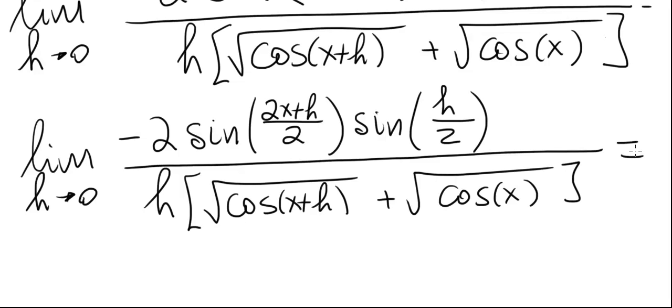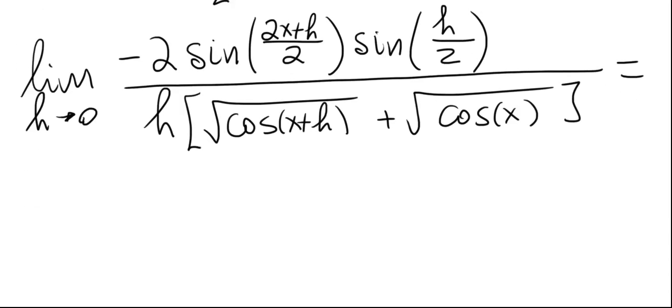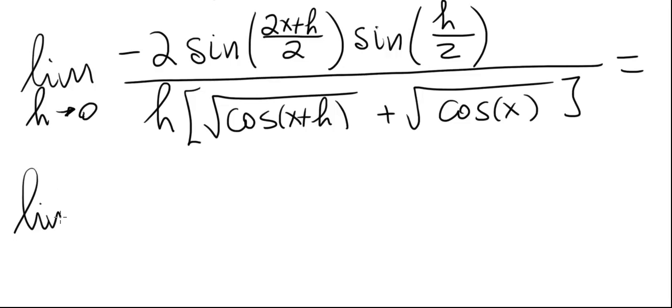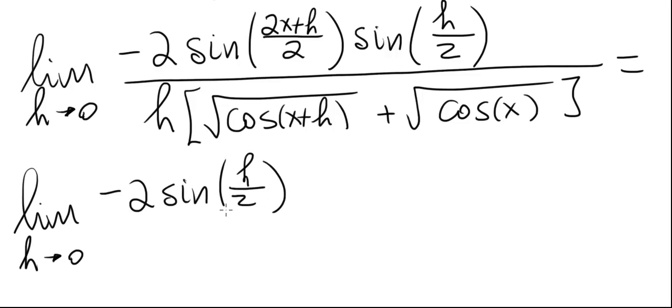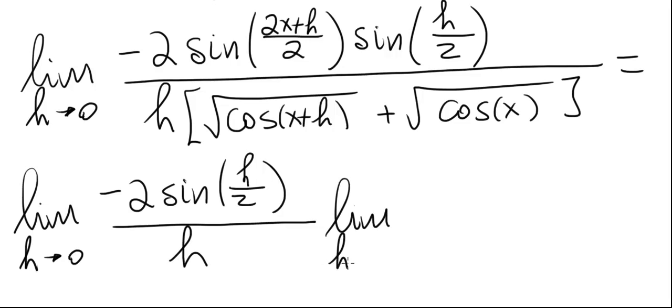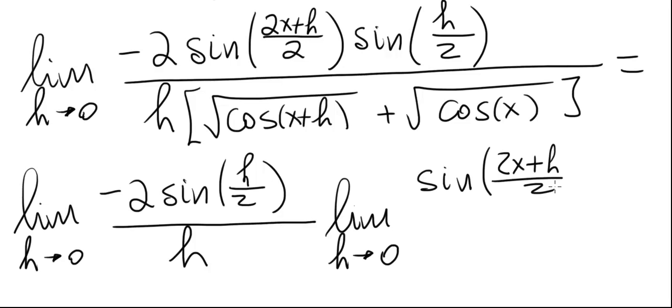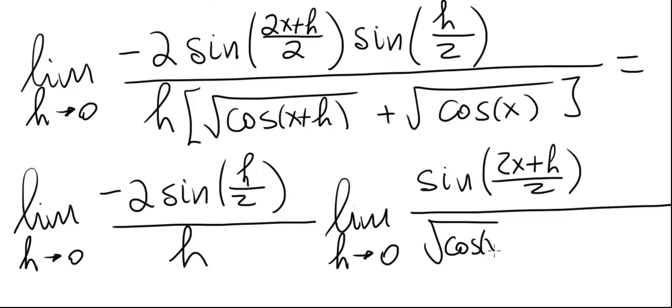Let's write this as a product of two limits. The first limit is the limit as h approaches 0 of minus 2 sine of h over 2 divided by h, and the second limit is the limit as h approaches 0 of sine of 2x plus h over 2 divided by the square root of cosine of x plus h plus the square root of cosine of x.